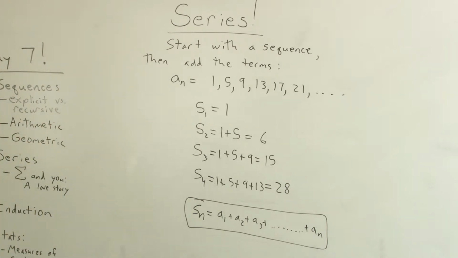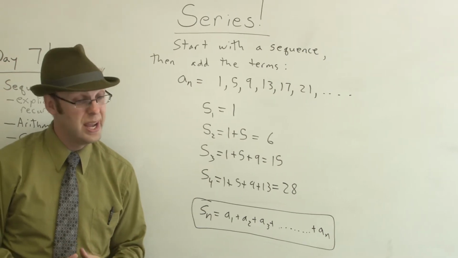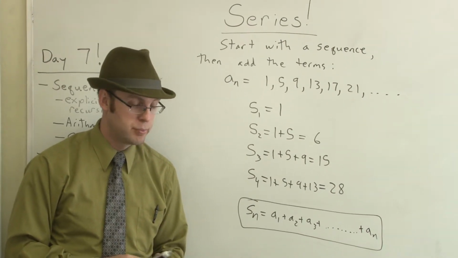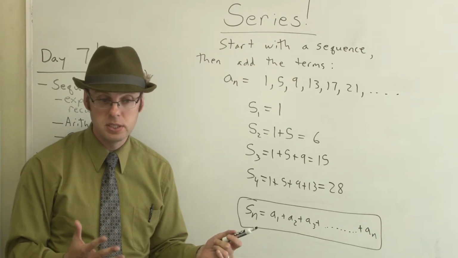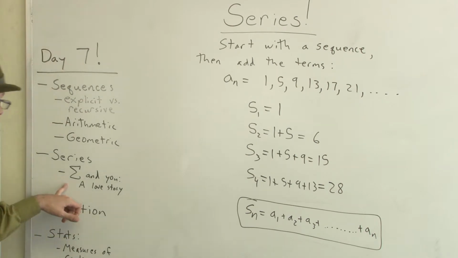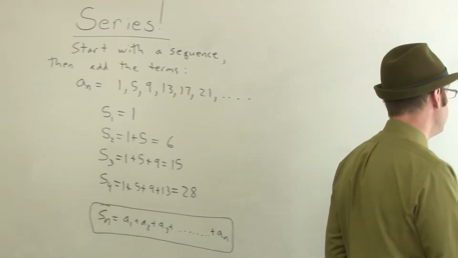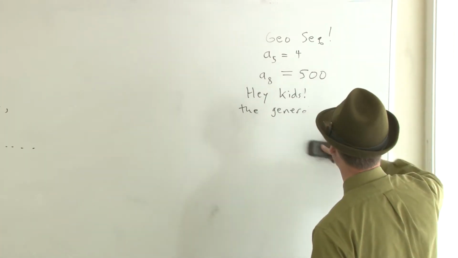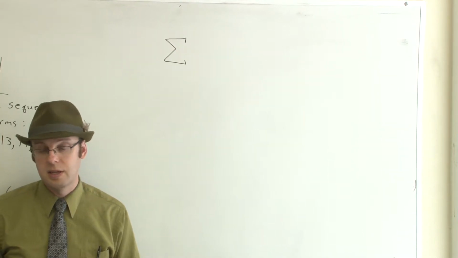Now, there are equations that go with this sort of stuff, but the easier way to do it is pretty much to come up with the general equation for the sequence and then slam it into sigma. So all of you have a sigma button on your calculator somewhere. This is one of the nice things where we're all at the same place.